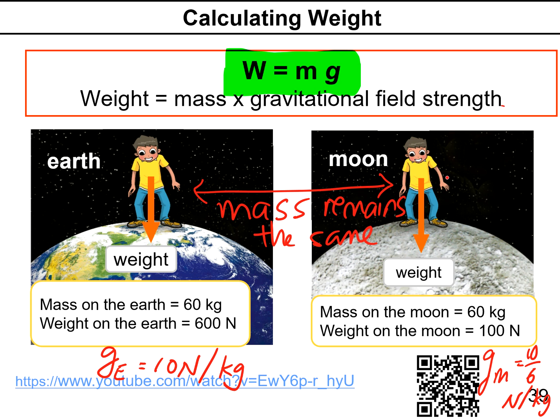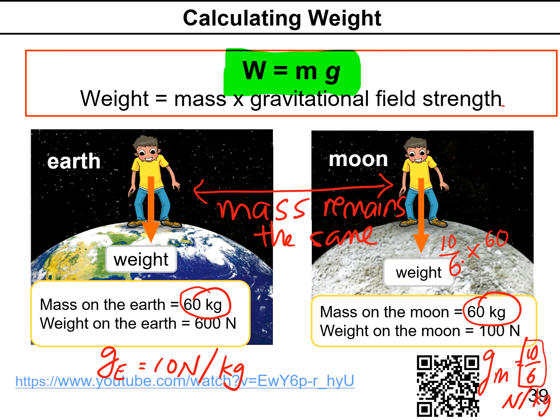So when you are on the Moon, if your mass on Earth is 60, your mass on the Moon will also be 60. And then your weight will be, every kilogram, this is the amount of force. Sorry, I'm going to write it here. So this is the force acting on 1 kilogram.